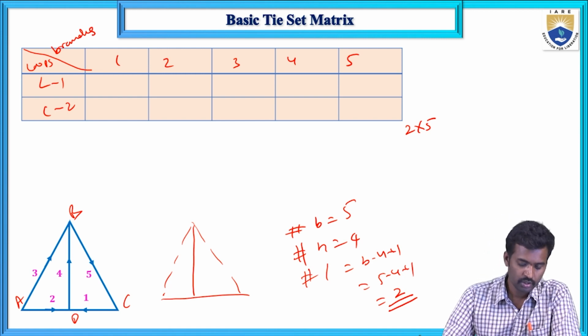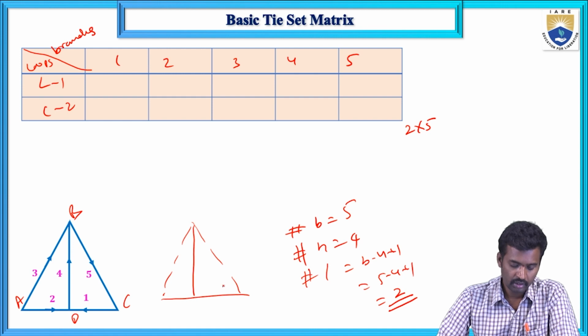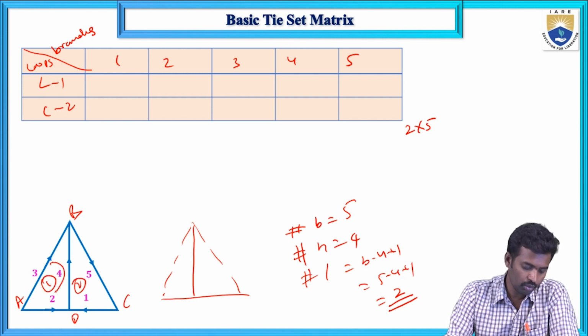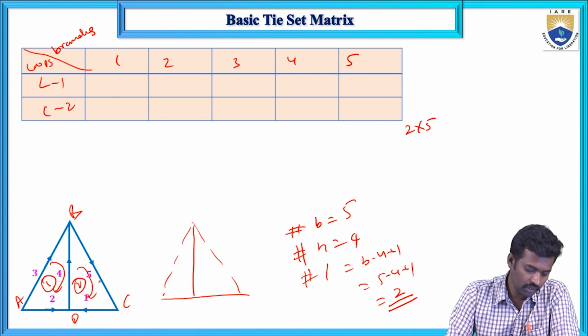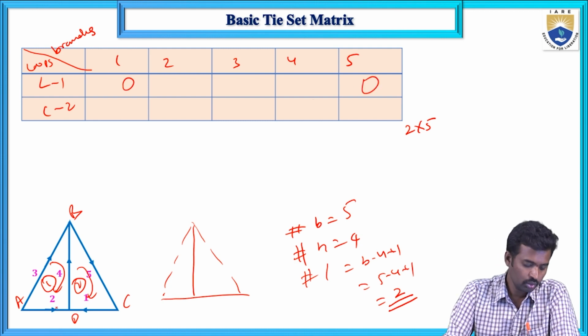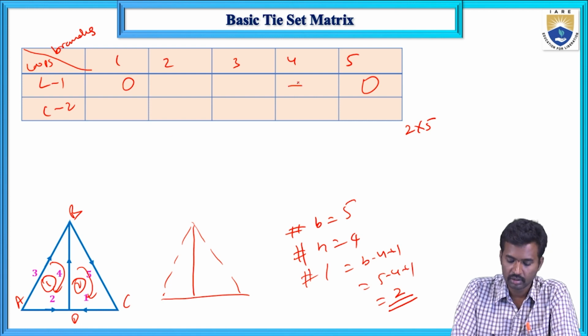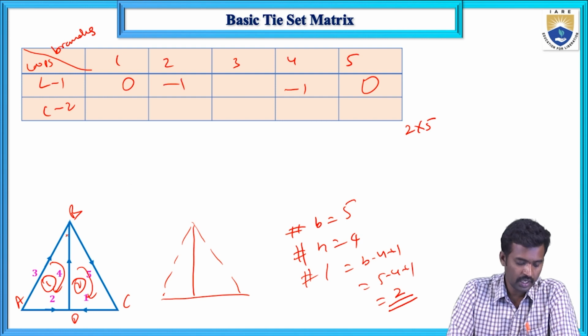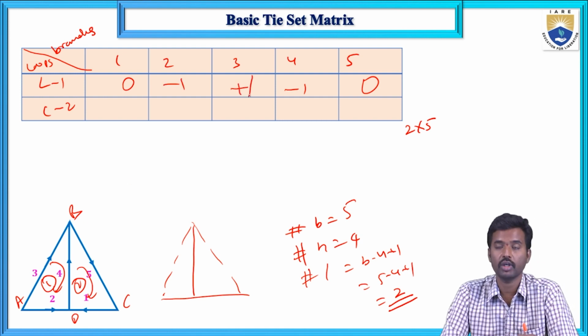Follow the steps. Select one tree, and this is loop 1, this is loop 2. For loop 1, direction clockwise, and 1 is not associated, 5 is not associated, and 2 direction is opposite direction, 4th direction is opposite direction. Opposite direction means that is -1, and 3 direction is same direction, +1.